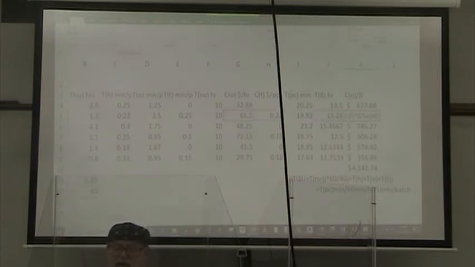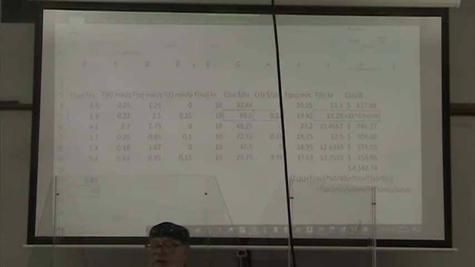All right, so it's the total batch time in hours times the cost of operation in dollars per hour, plus the cost of the tool in dollars per piece times the number of pieces, or the batch size.